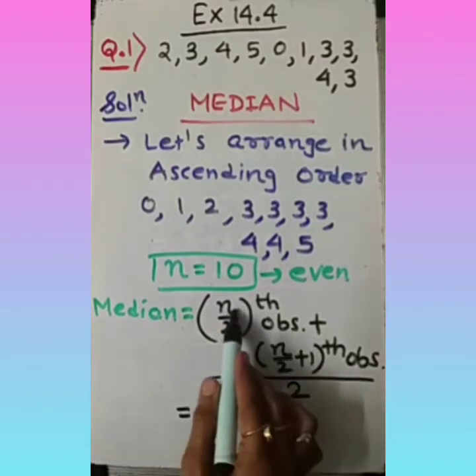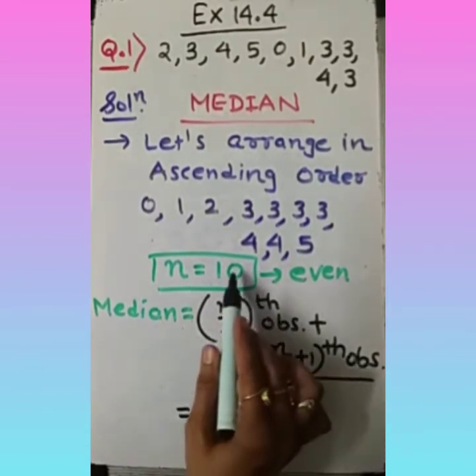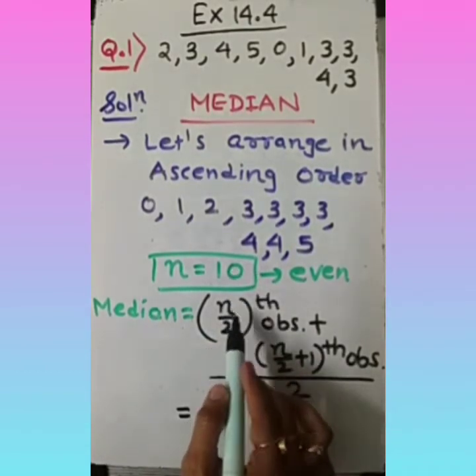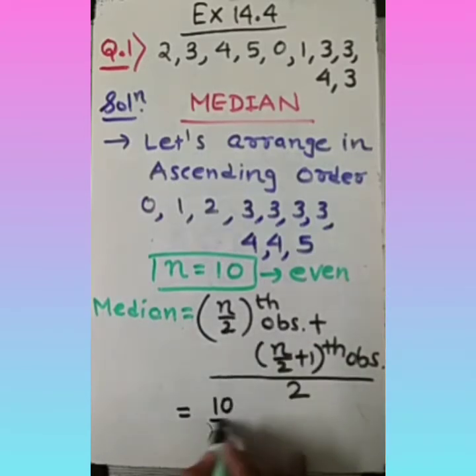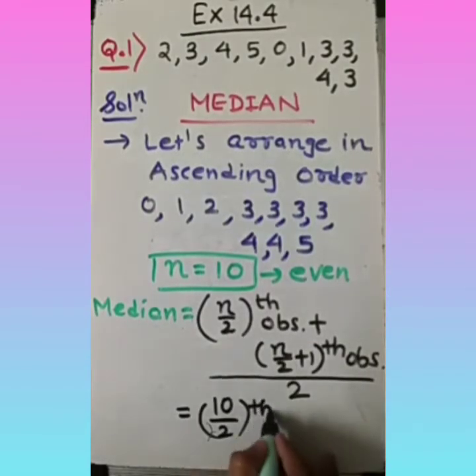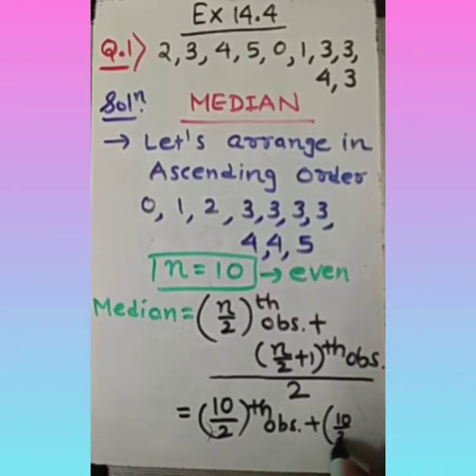Dear student, here in place of n we are putting the value 10. 10 divided by 2 means the 10 by 2th observation plus the 10 by 2 plus 1th observation, and that is divided by 2.